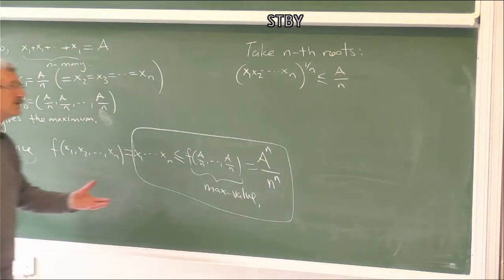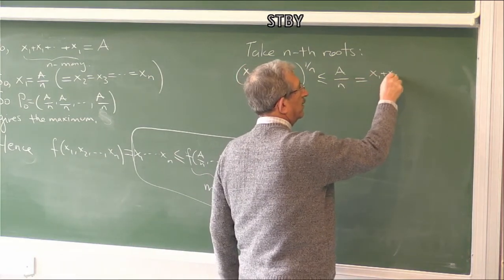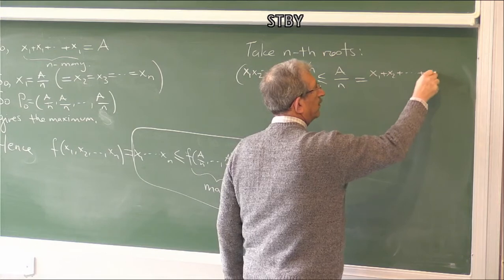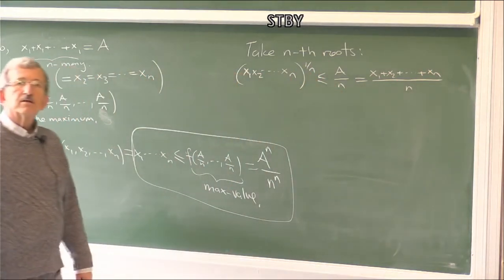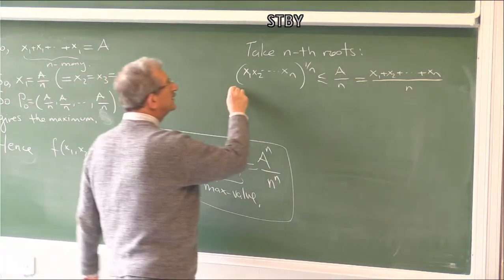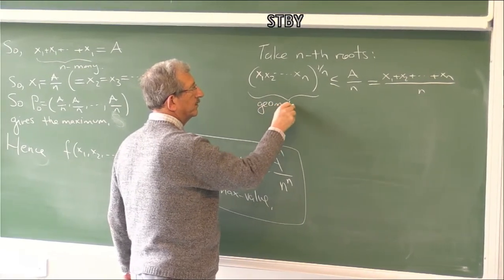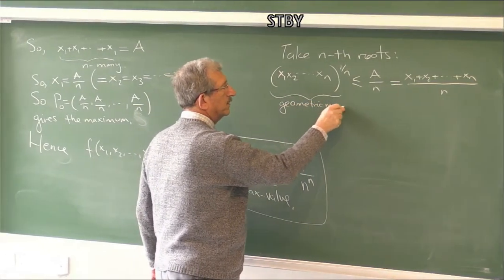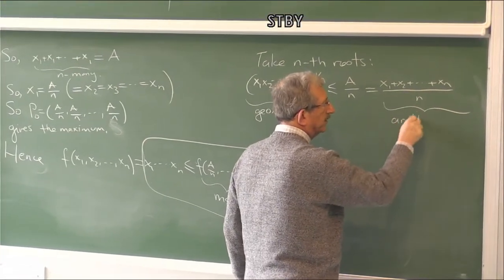But A was the sum. Now, this is the proof of the fact that the so-called geometric mean is always smaller than the arithmetic mean.